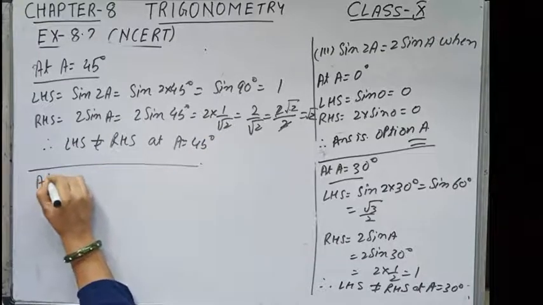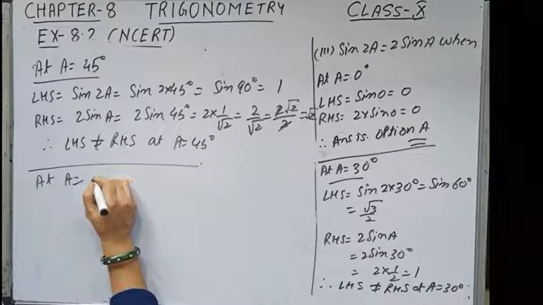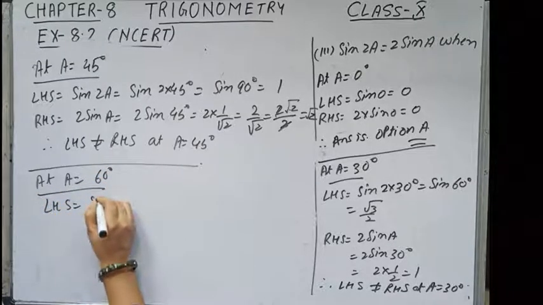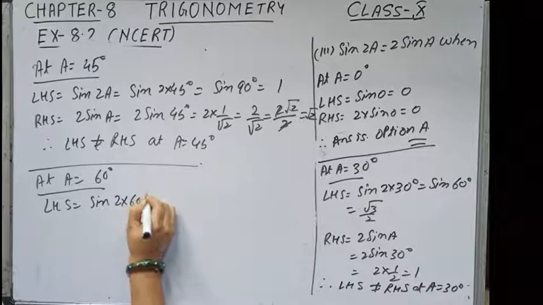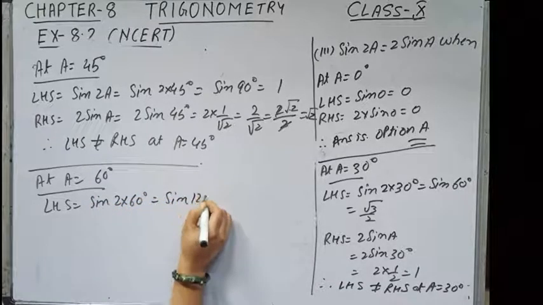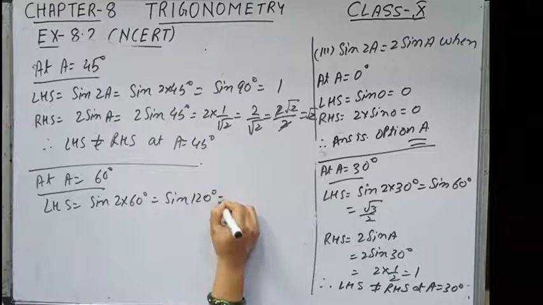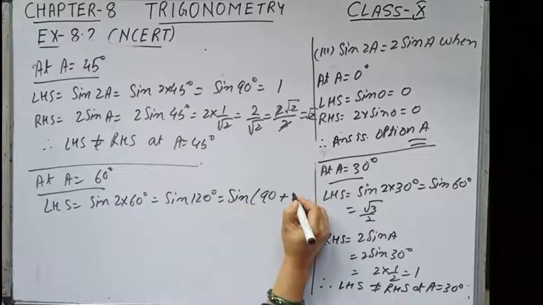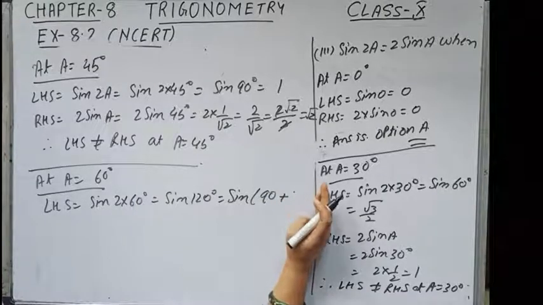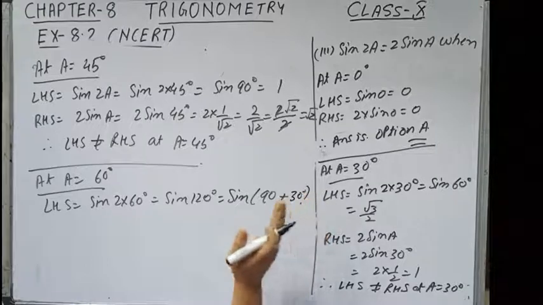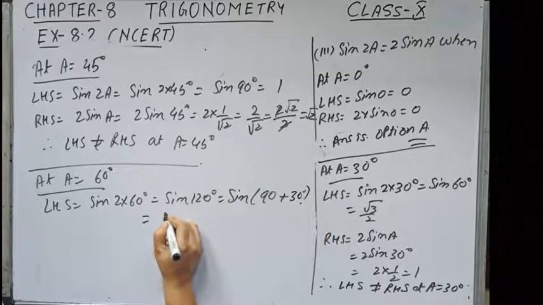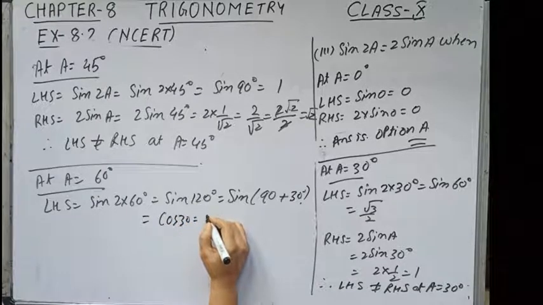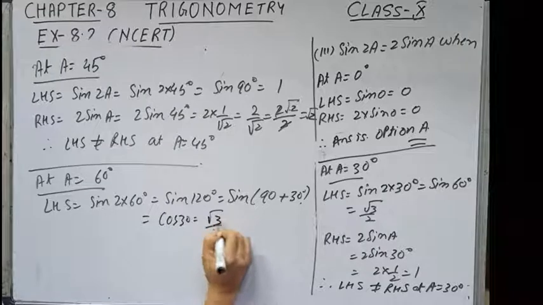Last, at A equals 60 degree, LHS equals sine of 2 into 60 degree equals sine of 120 degree. This you don't have to study, but even then I am writing sine of 90 plus 30 degree. Sin of 90 plus theta will be equal to cos of 30 degree, and cos of 30 degree is root 3 by 2.